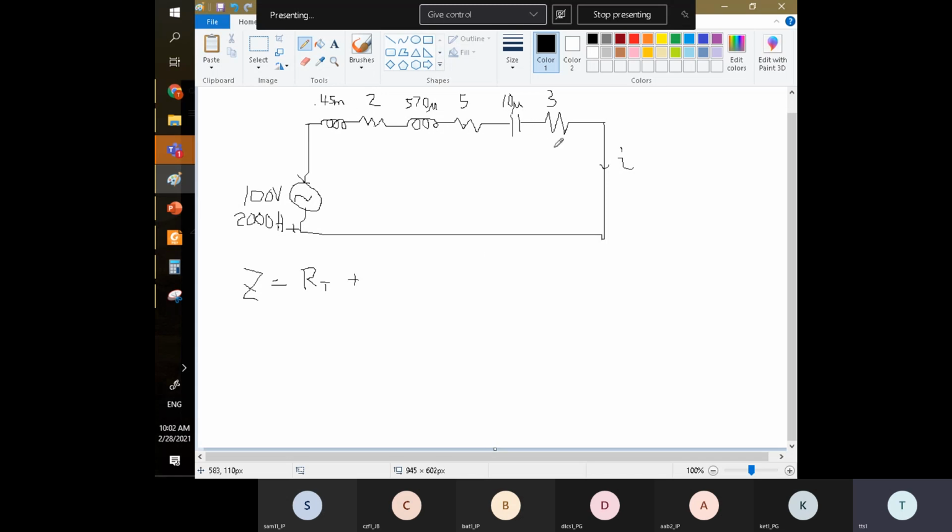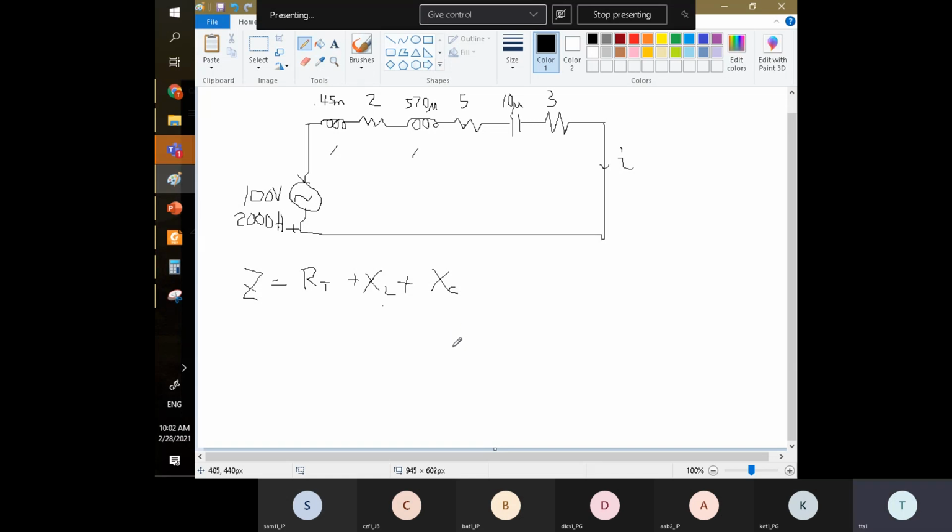But you can add them together, 2, 5, 3, become 10. And the same also for the XL and XC, only one.